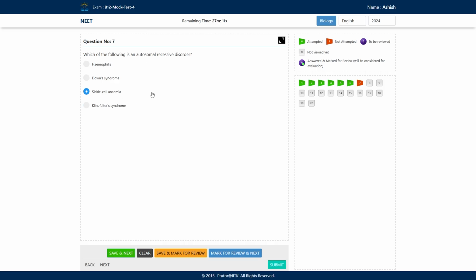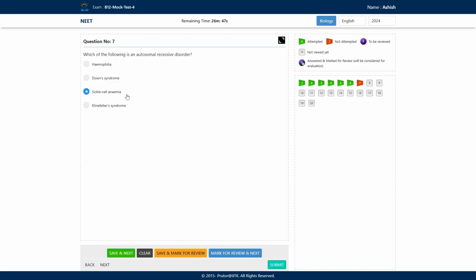Option number C, sickle cell anemia, is the correct answer. Sickle cell anemia is due to a point mutation. What is a point mutation? There is a change in a single base pair of the DNA. In sickle cell anemia, there is a change in the single base pair at the 6th position of the beta globin chain. Clear?